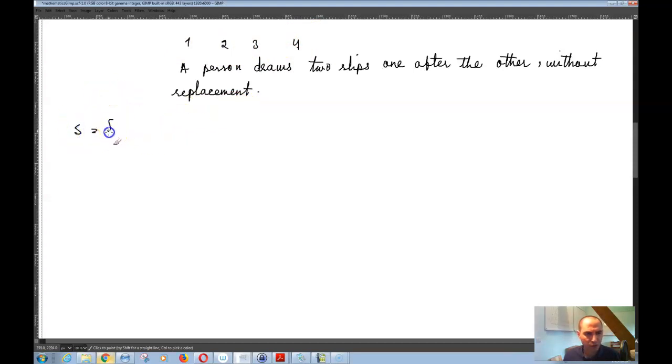So either he picks the first one and then the second one, or the first one and the third one, or the first one and the fourth one. Or he picks the second one and then the first one, or the second and the third, or the second and the fourth.